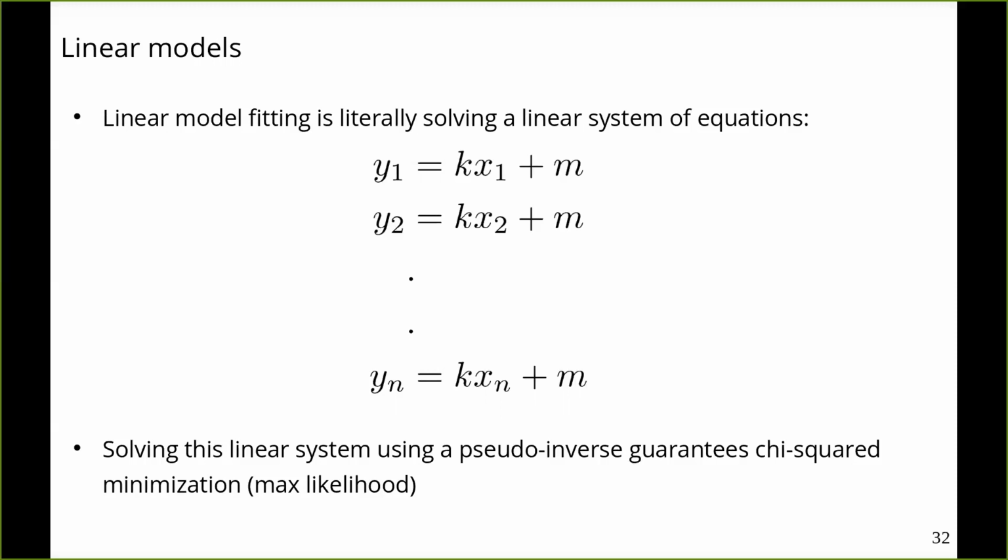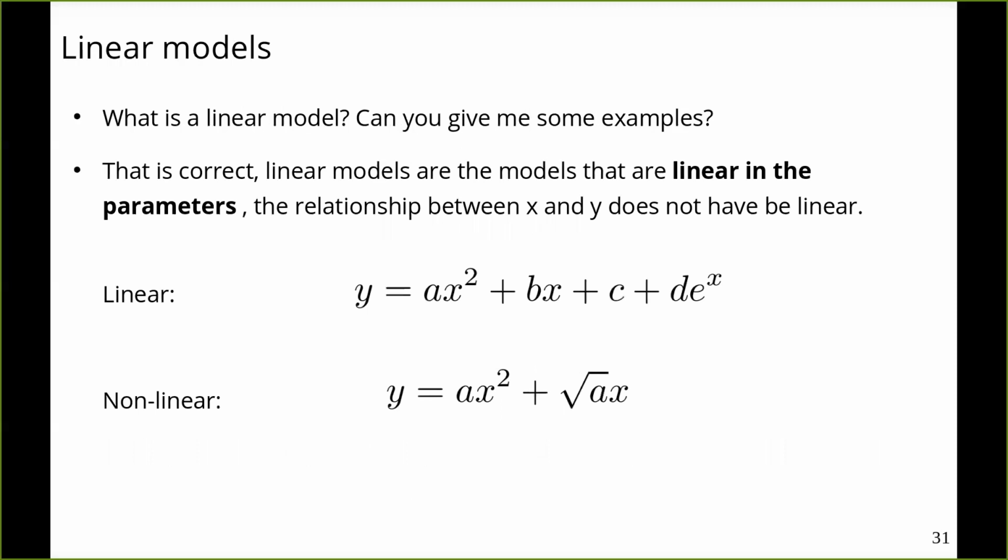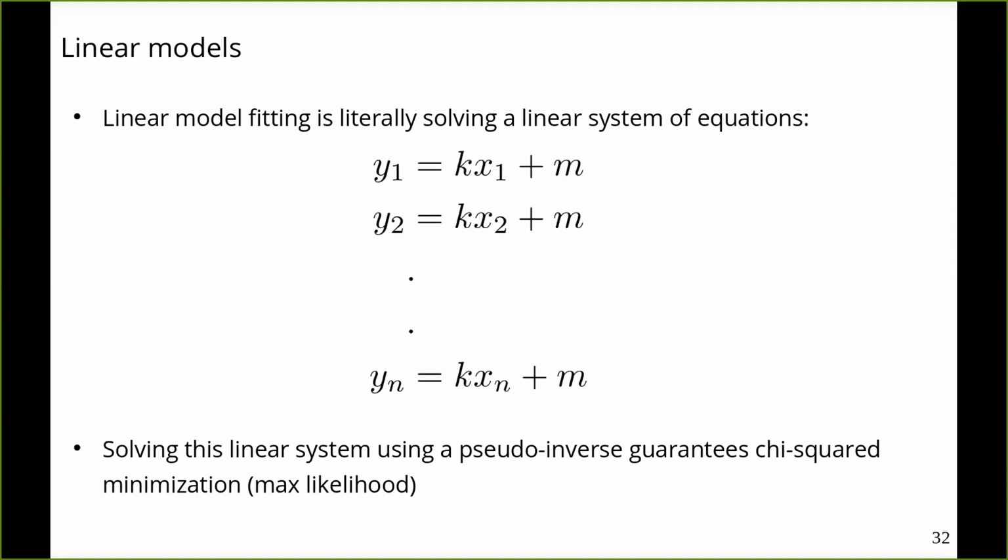And now imagine that I replace this kx plus m with ax squared plus square root of ax, right? So what I will have here is ax1 squared plus square root of ax1, and so on. And I would have a non-linear system of equations, right?